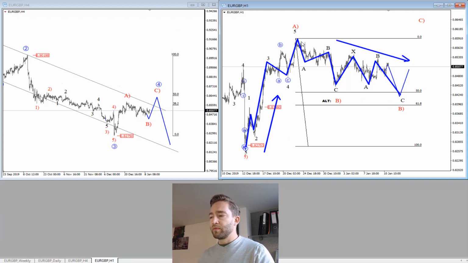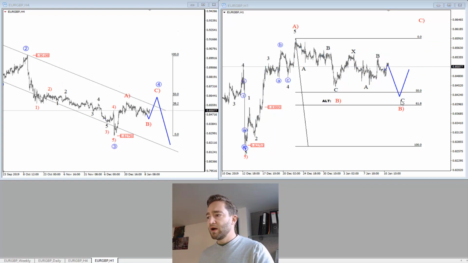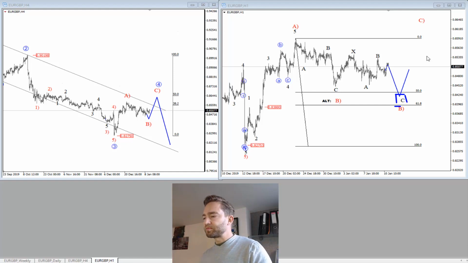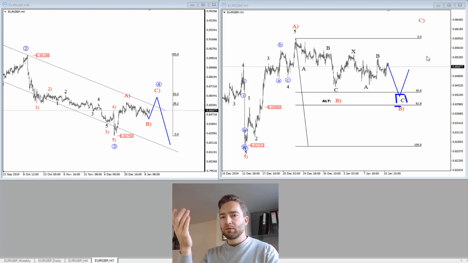We have seen some pullbacks, some rallies. So I think that this can still be a corrective wave B, and that sooner or later we'll see a resumption to the upside. Ideally, we will see a 61.8% retracement here before bulls actually step in. And this goes also very nicely with cable, where I also expect a little bit more upside and then a drop.